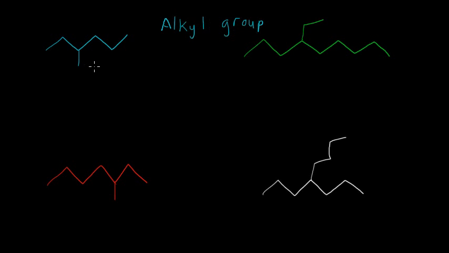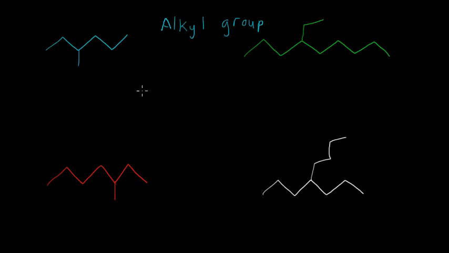What you want to do when you start off by naming these compounds is to find the longest carbon chain. Remember that all of these tips are carbons, so this is a carbon, over here is a carbon, and then these tips are all carbons. So we could start down here numbering 1, 2, 3, 4, 5, or we could start over here 1, 2, 3, 4, 5, and 6.